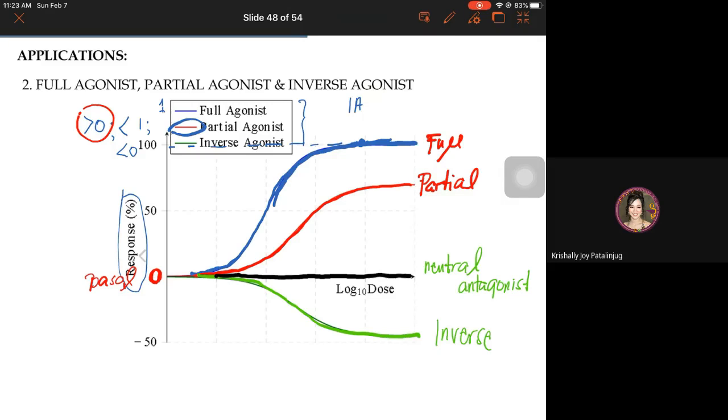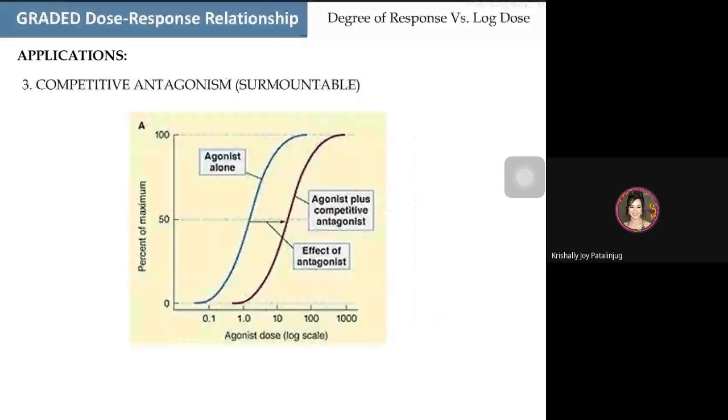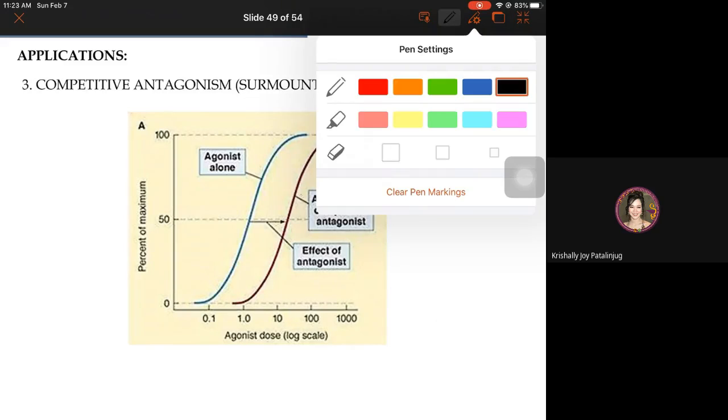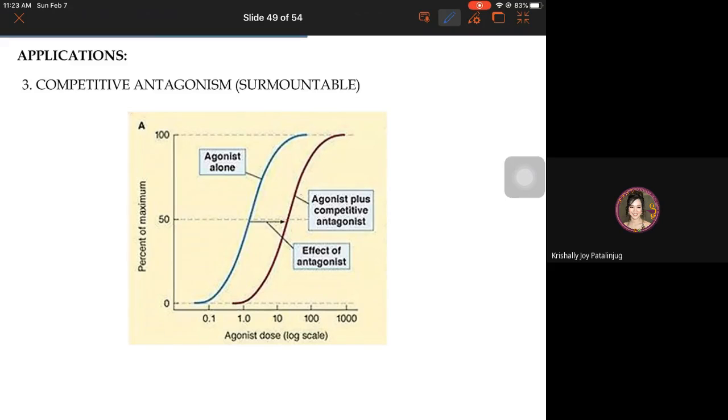This time, let's have another application of this dose response curve, particularly in studying a drug in the presence of antagonists. We have two types of antagonists: a competitive and a non-competitive antagonist. Let's say, for example, you have the first curve line, traced in a blue-colored pen.